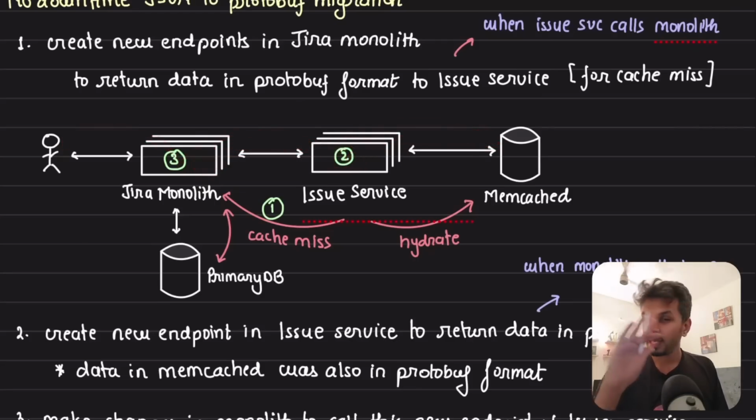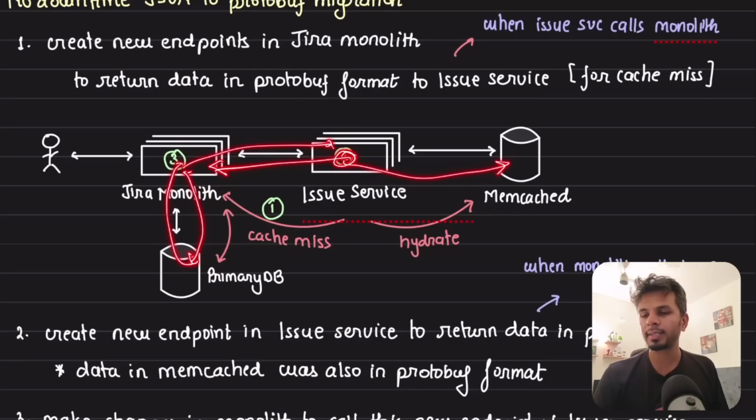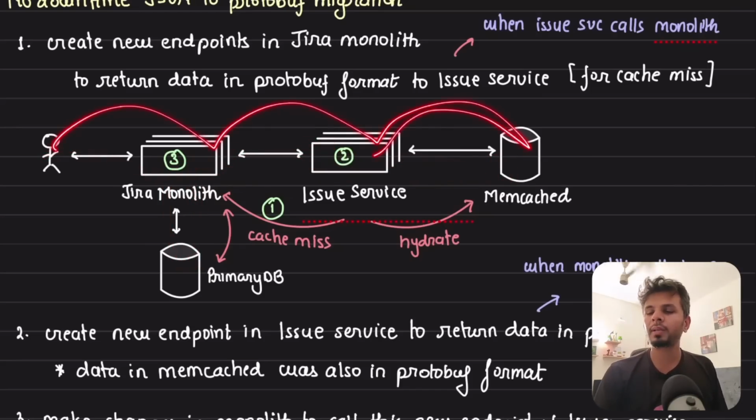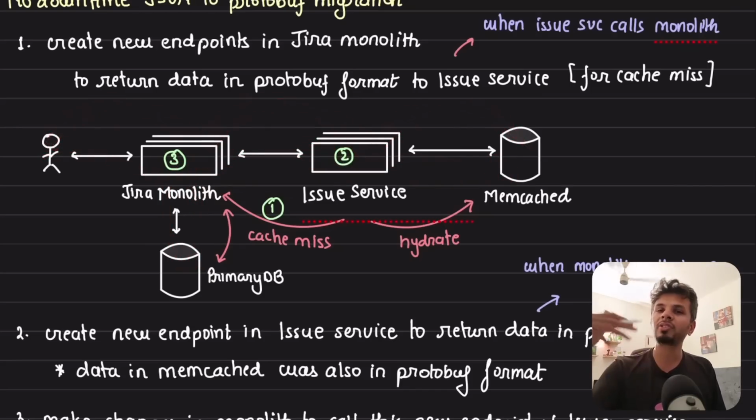If it does not have the data, issue service would normally go to the primary DB, but instead it talks to Jira monolith. Jira monolith gets the data, saves the data in memcache, and then serves it to the user. Subsequent reads go there because the data will be available. So an eventually consistent cache is what it has become.